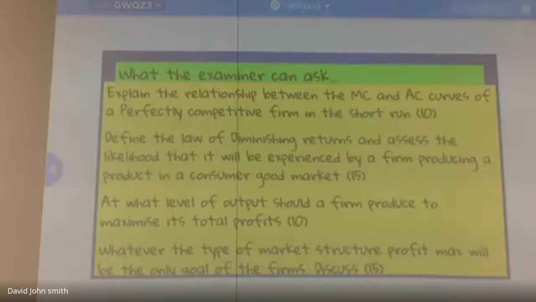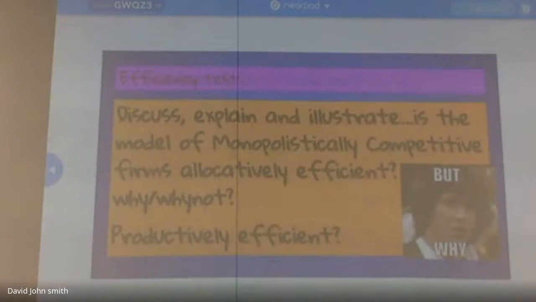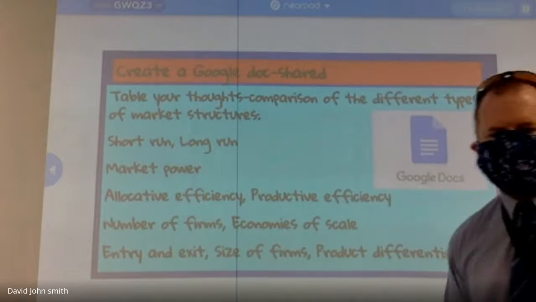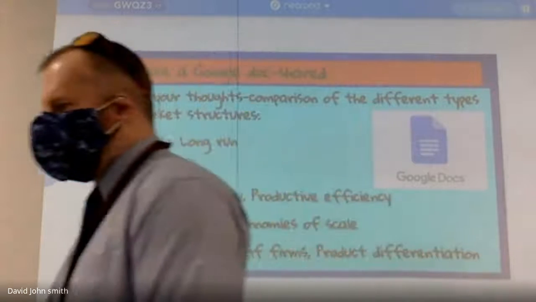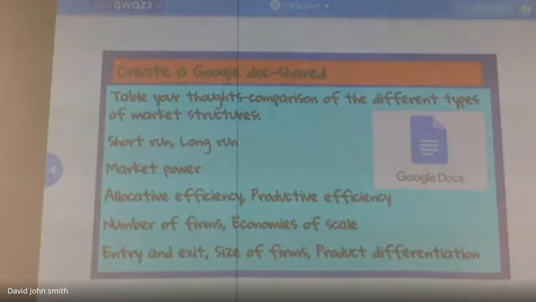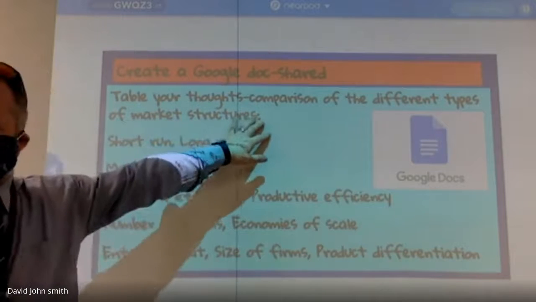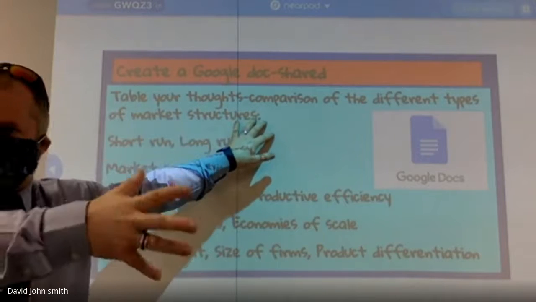Now, one of my recommendations, which you've possibly already done or already got, is to actually have a Google Doc that frames all of the structures together in a summary form. So what happens to all of the structures, all of the features, characteristics, if you will, of them all, maybe a little snapshot of the models.